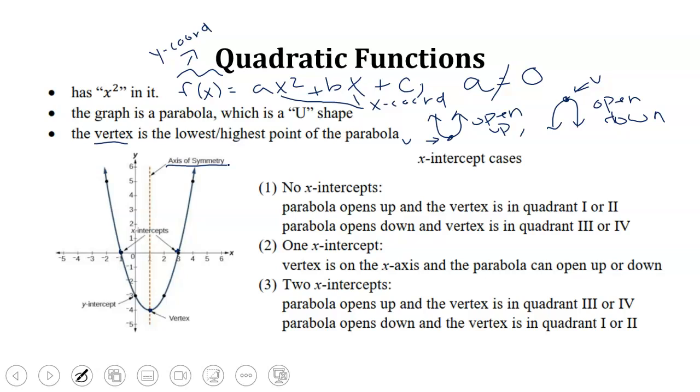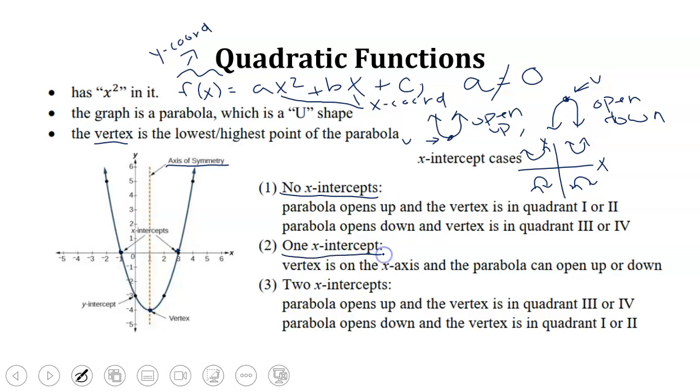All right, so let's look at our x-intercept cases. Sometimes when we graph, there are no x-intercepts, and that would look like this. So we have our x, our y. That's if our parabola is open just inside of the quadrants, and it would be no x-intercept.